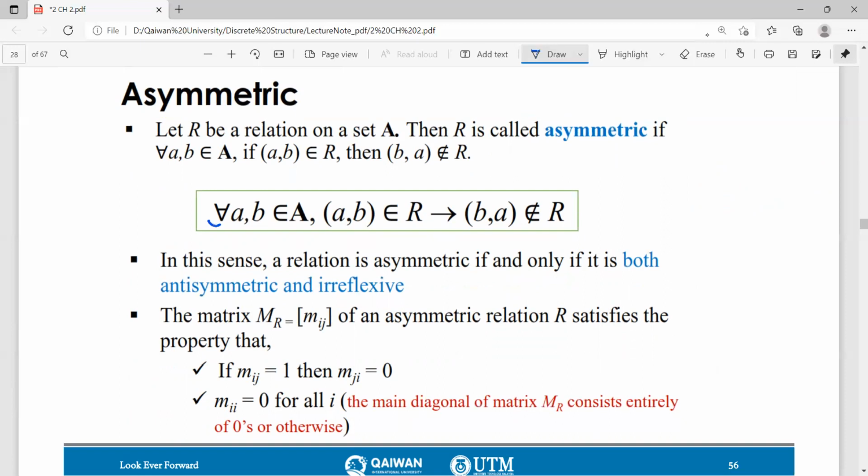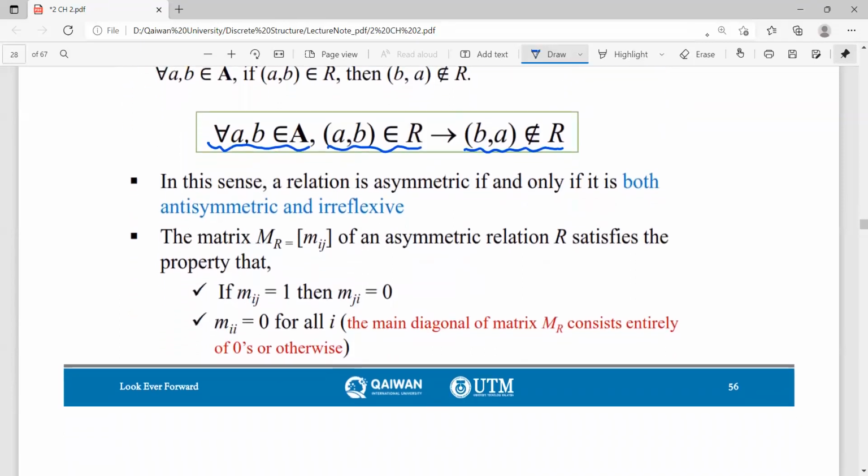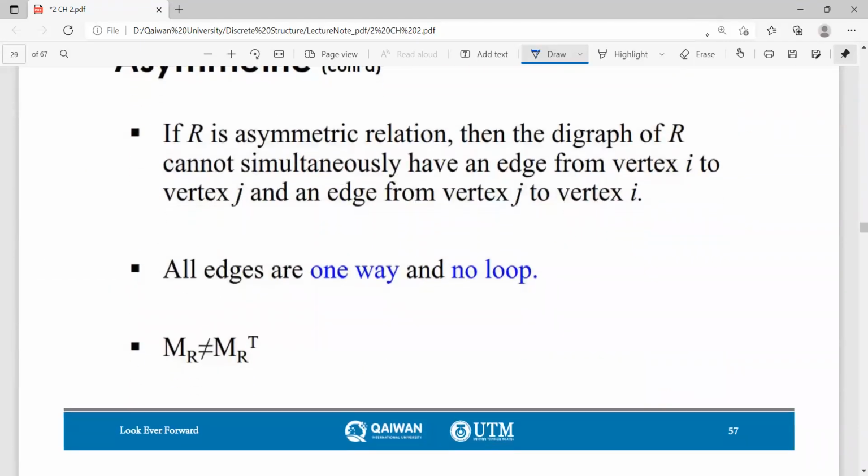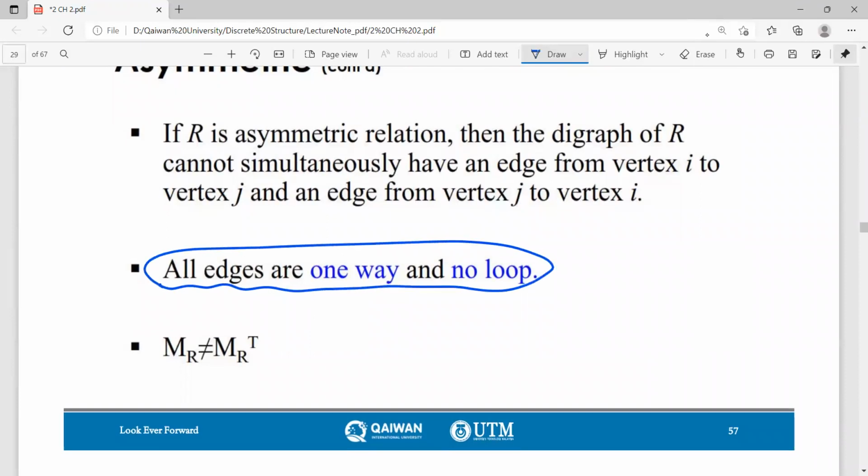We say for all (A,B) in the set A, if (A,B) is in R, then (B,A) must not be in R. We say here, if you have one way and no loops, that means we must have no relation between any of the elements and themselves, and also we must have no two-way arrows.